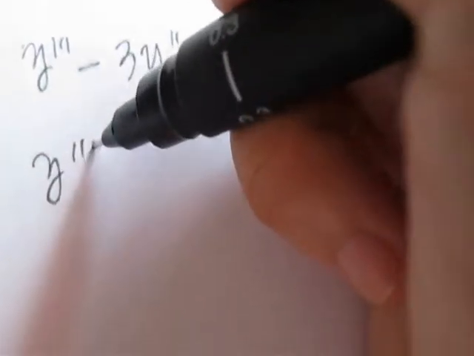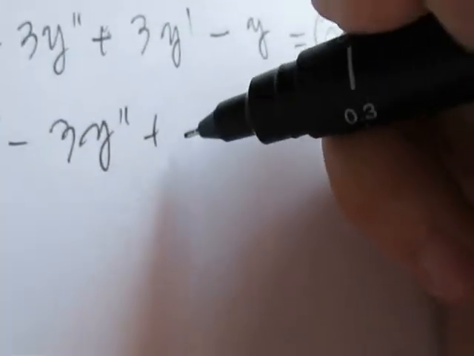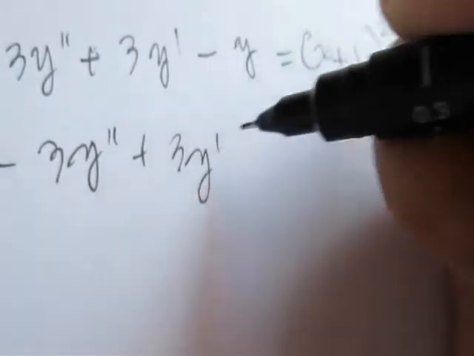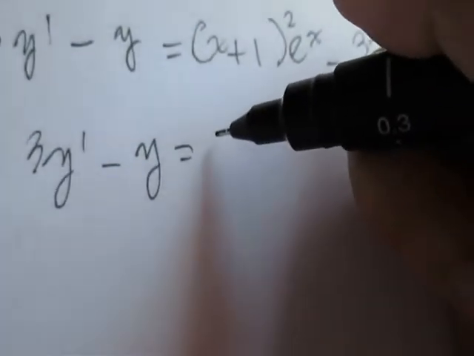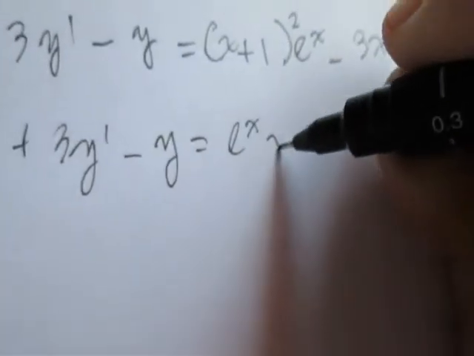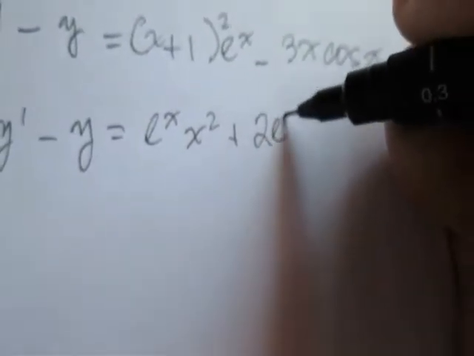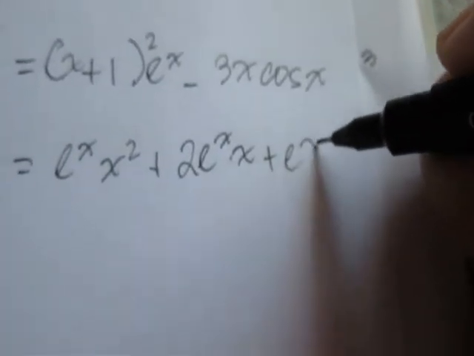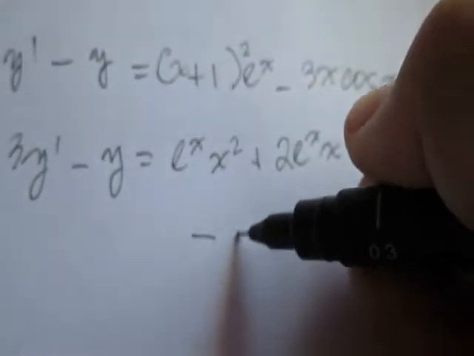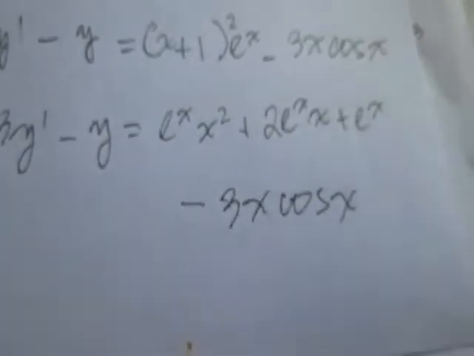Writing this, we get this. And on our right hand side, we have x squared e to the power of x plus 2x e to the power of x plus e to the power of x minus 3x cosine x.